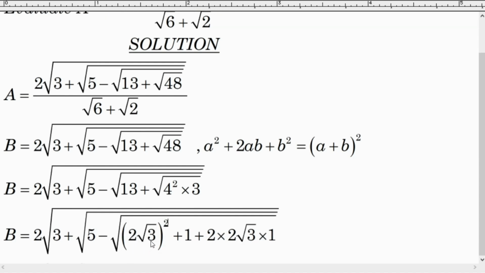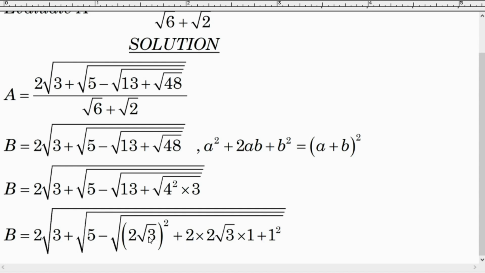So 2 square root of 3 raised to square is equal to 12. Then let me take 1 and put it at the back to be b square.